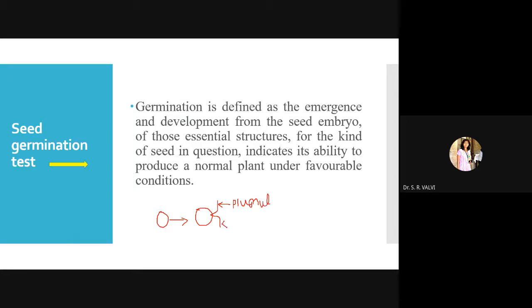And the part which goes down is the radicle. This is the tissue which is going down. From the plumule our shoot develops, and from the radicle the root is going to form.